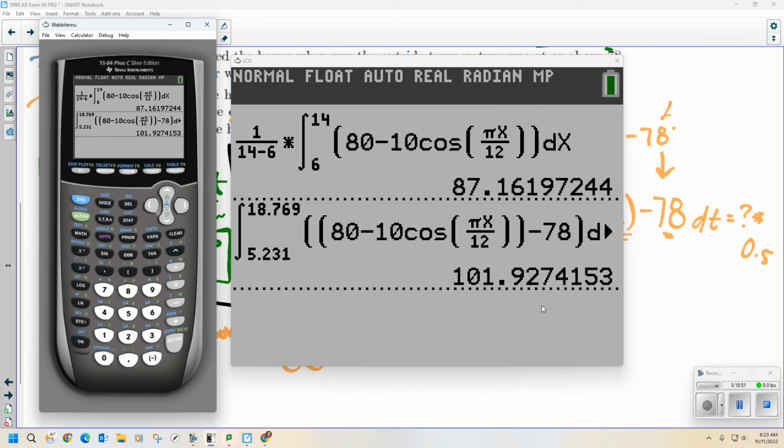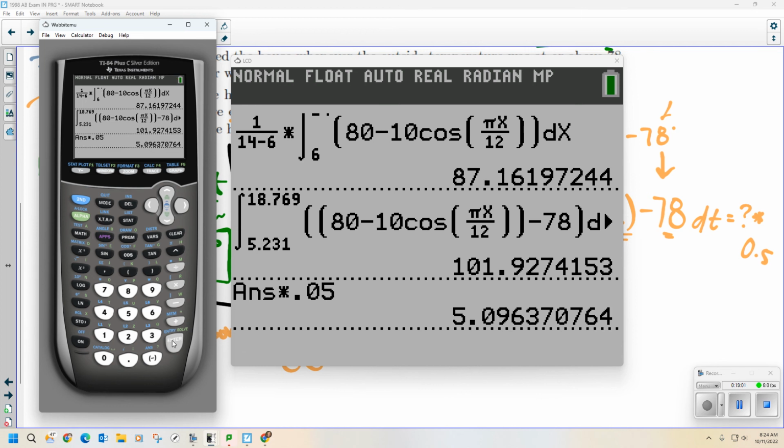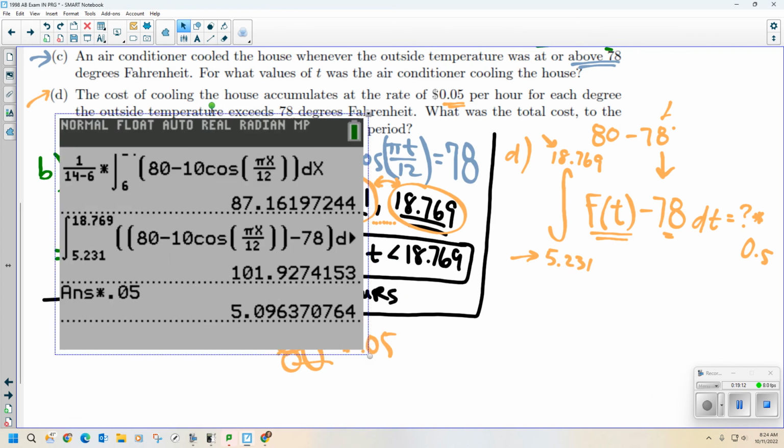These are the total degrees between these hours, if I add them up, that are over 78. Don't forget, I got to multiply that times 0.05. What I have written here in orange already is enough. It tells me where I'm going to get my answer from.